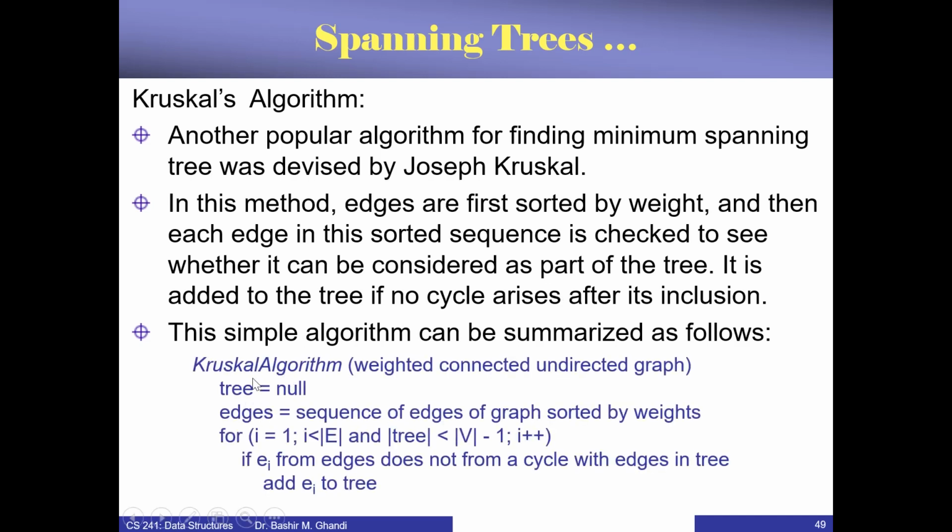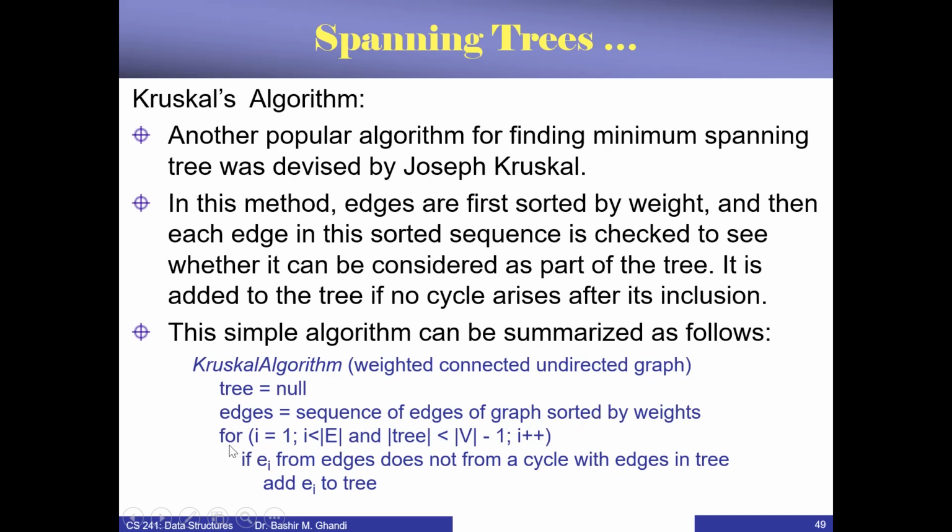It starts with an empty tree, no initial vertex. This is the difference, as I explained earlier, with Prim's. In Prim's, you have to be given the starting vertex. Here, no starting vertex. You start with an empty tree. You sort your edges. So edges here become a sequence of edges of the graph, which are sorted by weights.